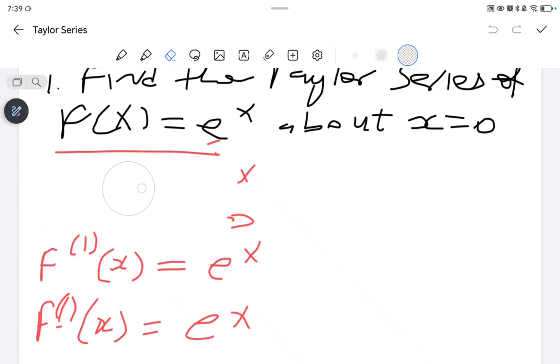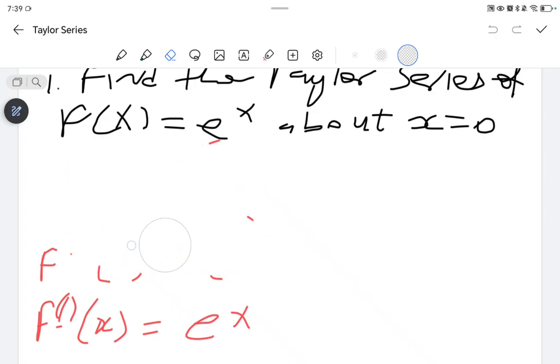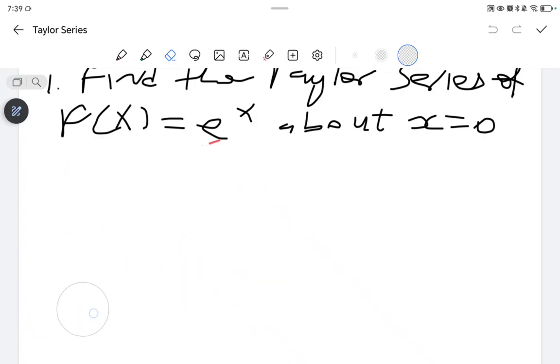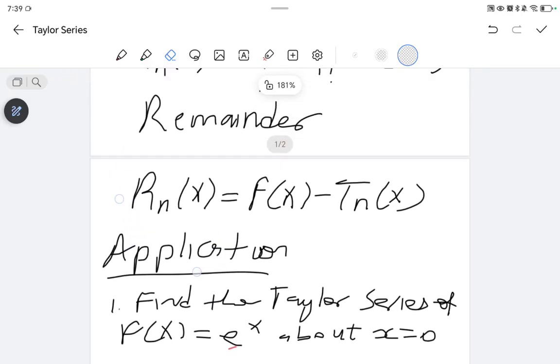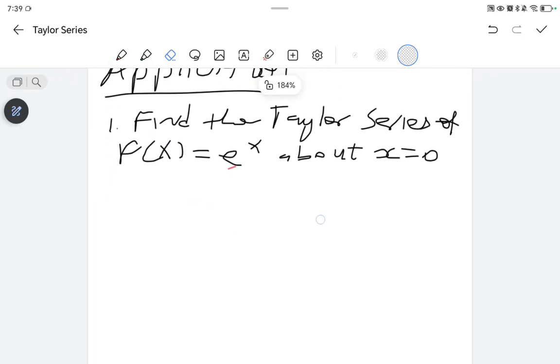So let me erase this. And then now we get to the solution. So don't be shocked when you come across questions that we're going to derive. You should know we must derive most of these questions for the Taylor. So I've specified this. So I'll put this one here.